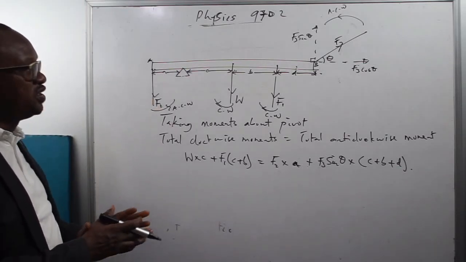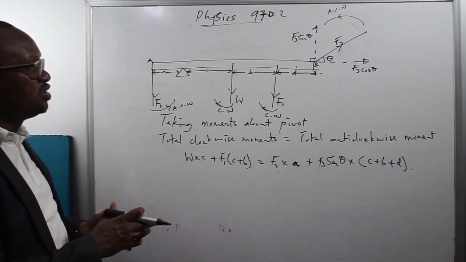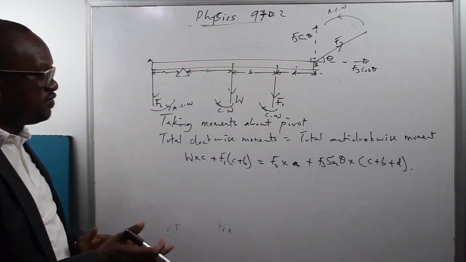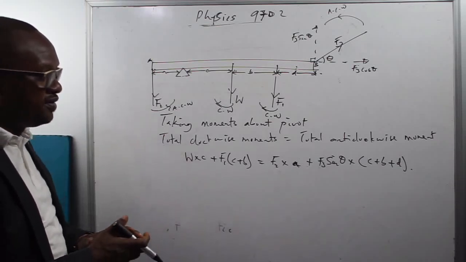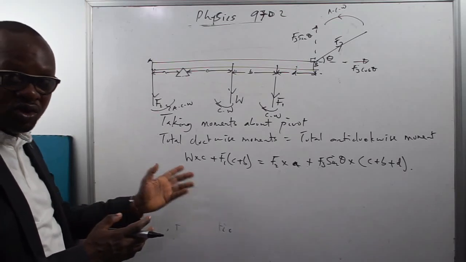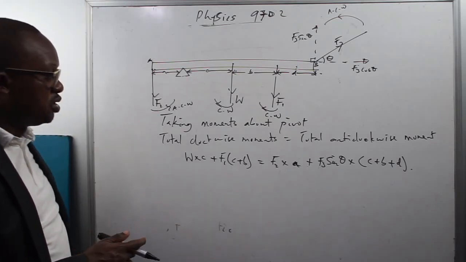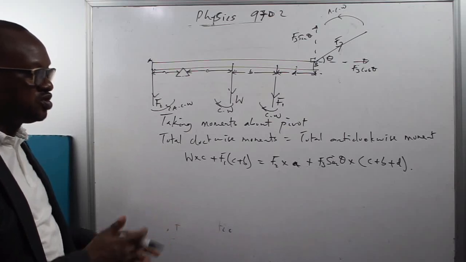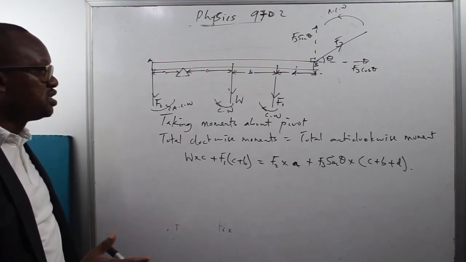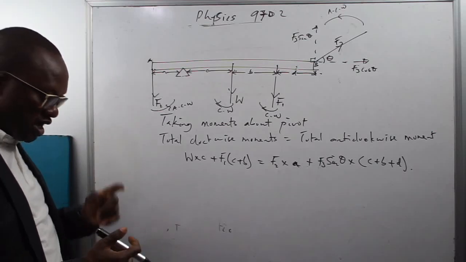And when you take the moment of all the forces about the point, you can use that to determine either force or distance. Because in solving problems, if you have a linear equation, you can only solve one unknown. So sometimes you'll be solving for force, some other times you'll be solving for distances, as the case may be. But what is important is that you should know how to apply.